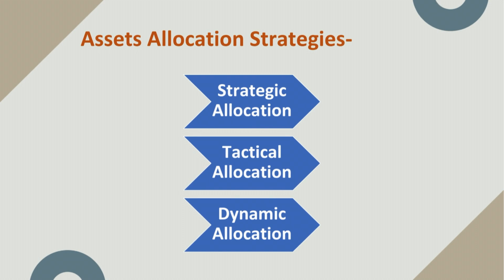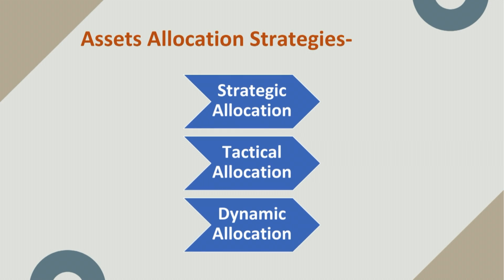Second is tactical allocation. Tactical allocation is a strategy in which an investor takes a more active approach that tries to position a portfolio into those asset sectors or individual stocks that show the most potential for perceived gains.